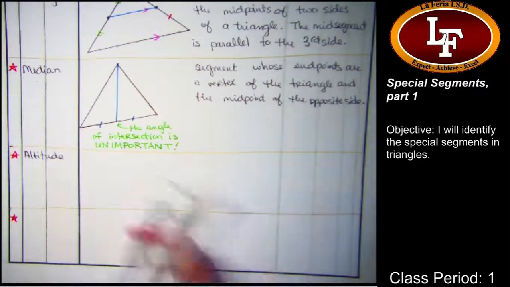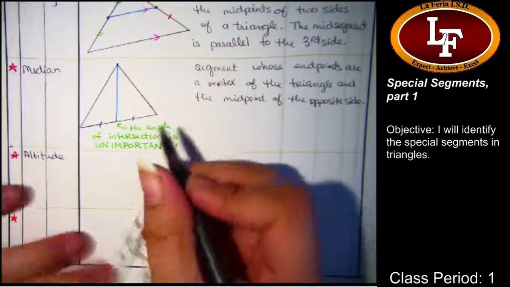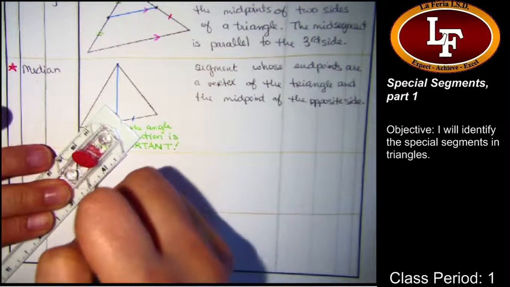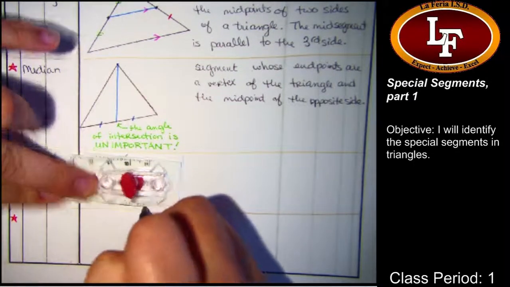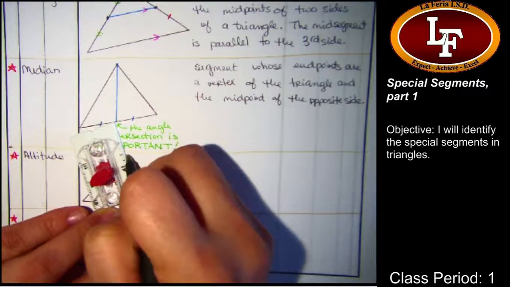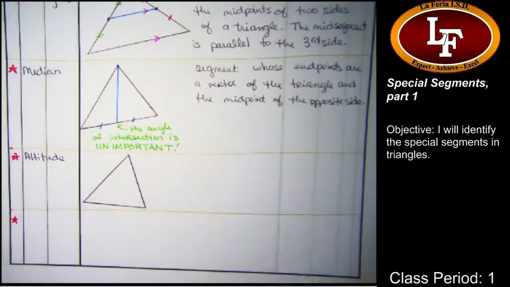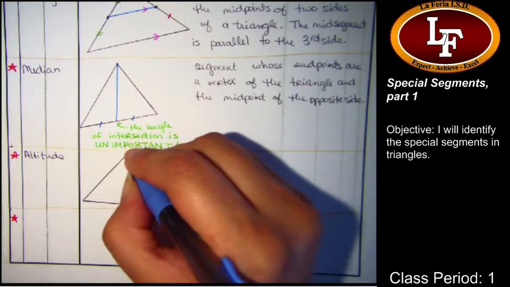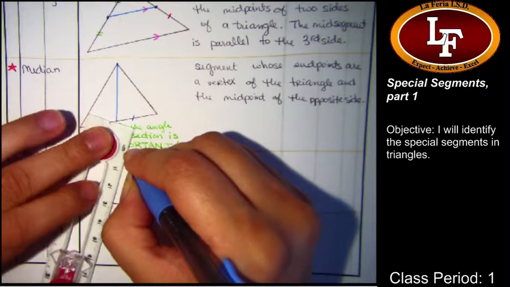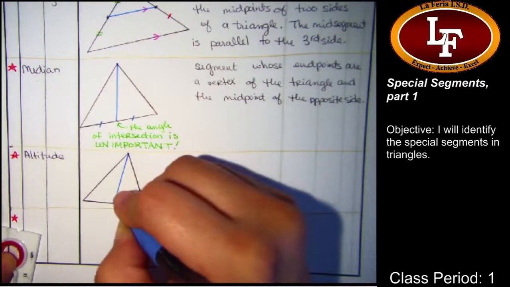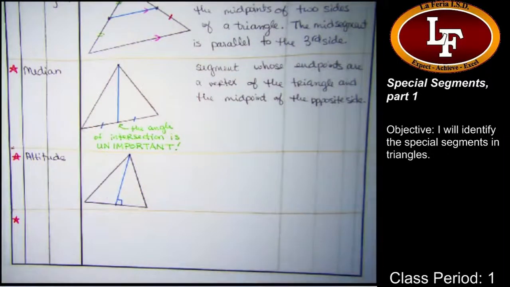The next vocabulary word is the altitude. Okay. Again, going to start off with a picture. And again, doesn't matter what the triangle looks like. The altitude is a segment where the endpoint is the vertex, and the other endpoint doesn't matter where it runs into the other side, as long as it does so at a 90-degree angle.